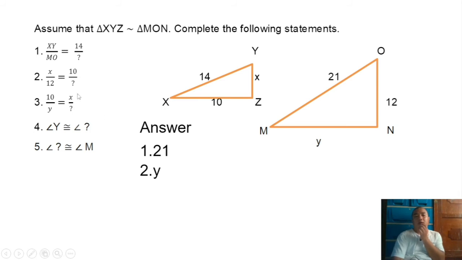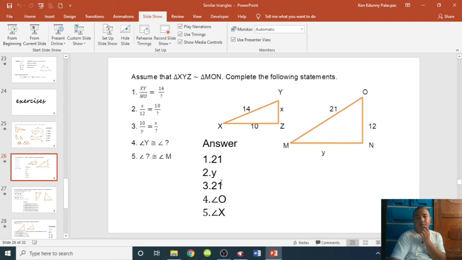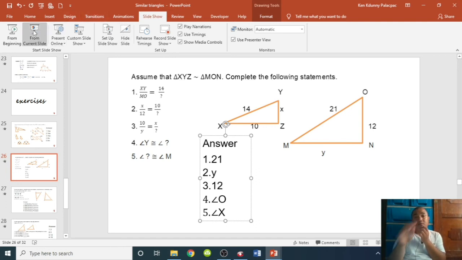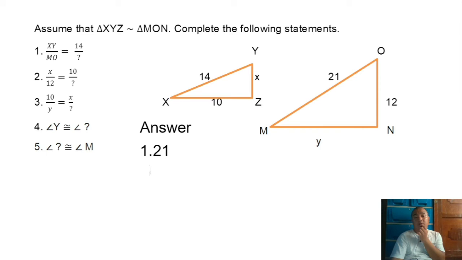How about number 3? 10 over Y is equal to X over... Should be 12, no? There was a typo. Should be 12. So number 3 is 12. 10 over Y is equal to X over 12.